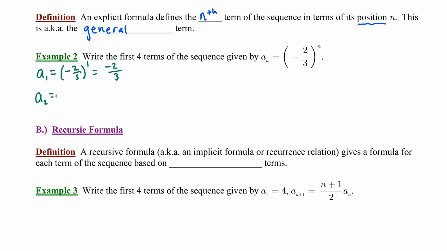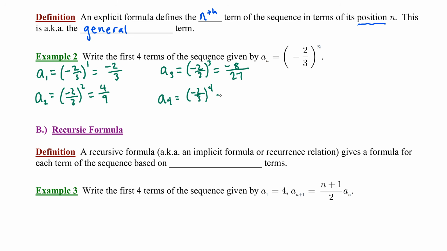The second term, we're going to plug 2 in for n. So we have negative 2/3 squared, or 4/9. To get the third term of the sequence, we're going to plug the position 3 in for n. We would end up with negative 8/27. And finally, the fourth term, we're plugging 4 in for n, and we obtain 16/81.